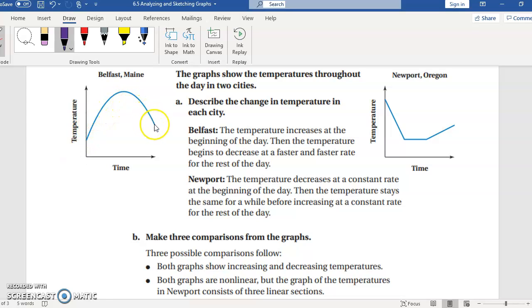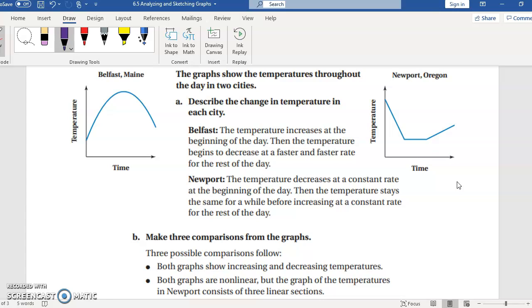Then it kind of starts to decrease faster and faster throughout the rest of the day. If you look at Newport, this graph tells you that the temperature decreases at a constant rate at the beginning of the day. Then the temperature stays the same, and then it increases at a constant rate.